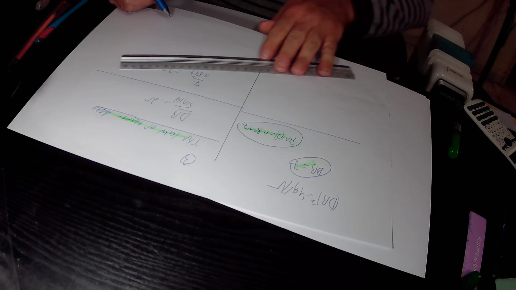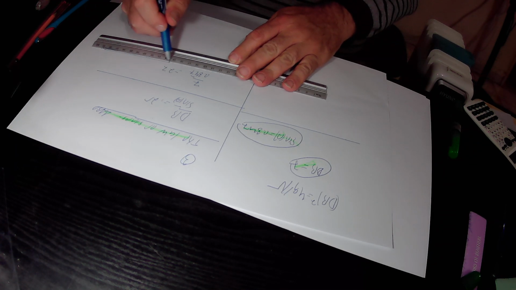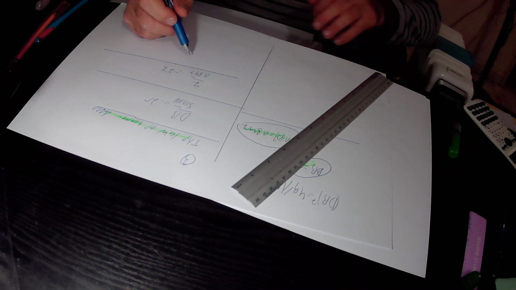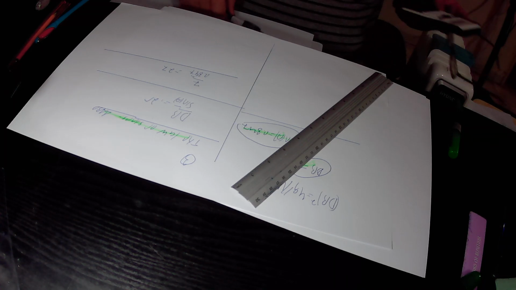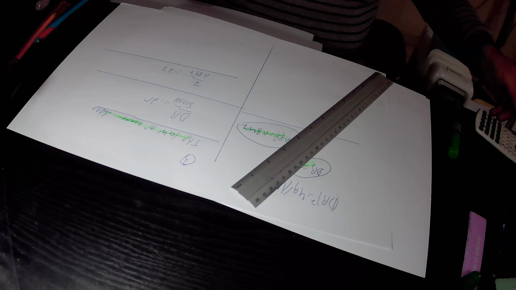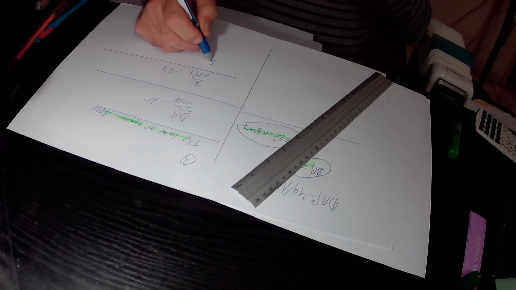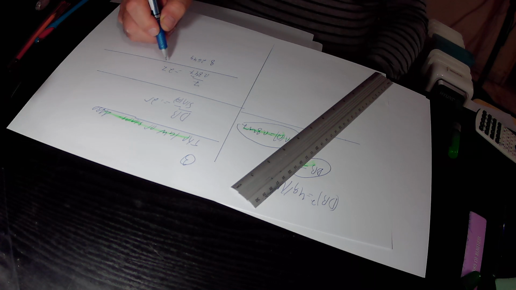So in total, we found out that 7 over 0.847 equals 2R. 7 over 0.847 is equal to 8.2644, which equals 2R.